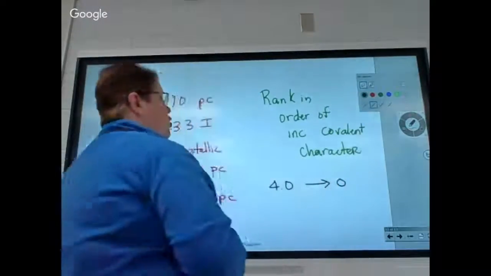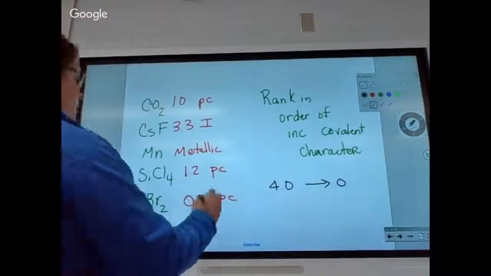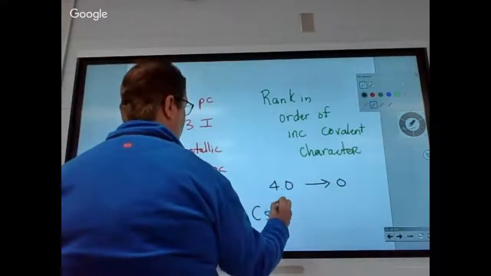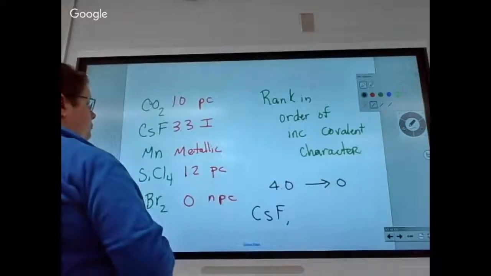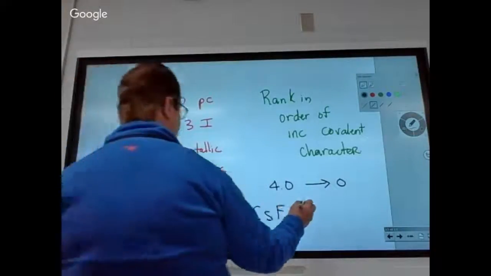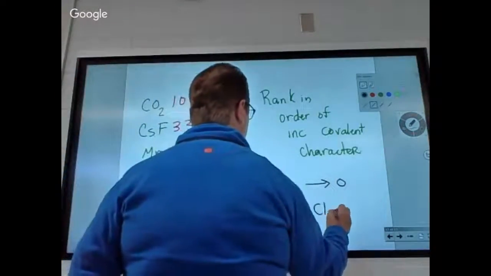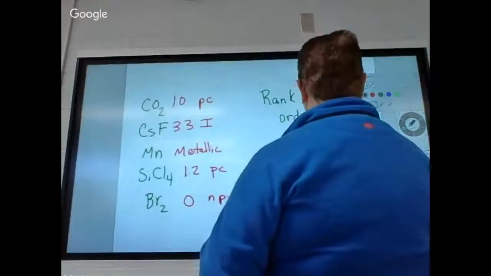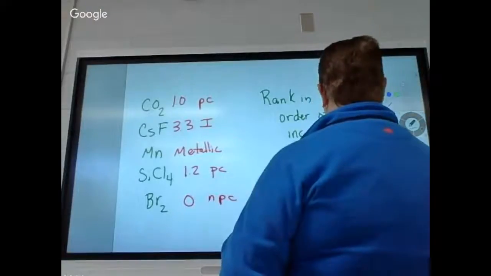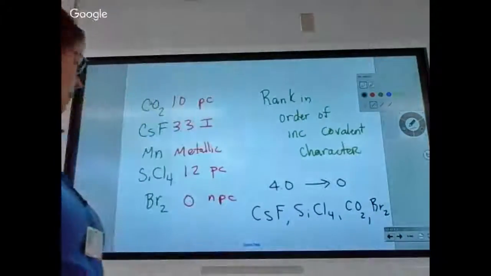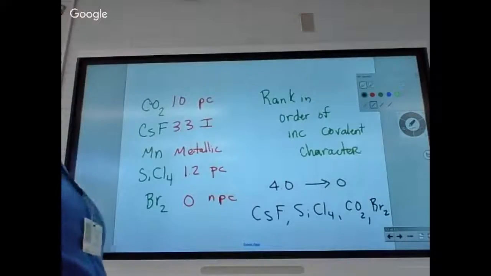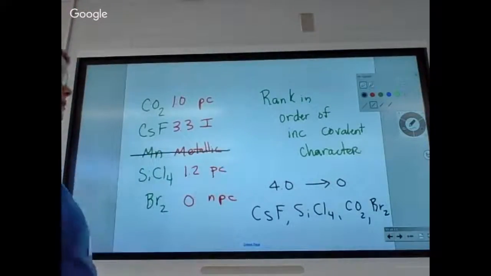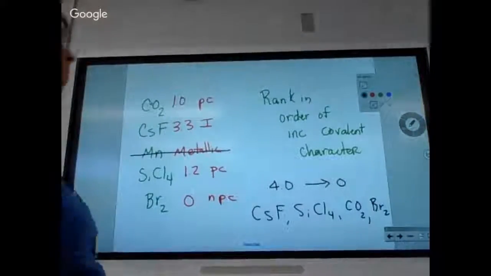The biggest is CSF, next SiCl4, then the last, and we leave out MN. Do not put the metallic in it. It does not go on the scale.